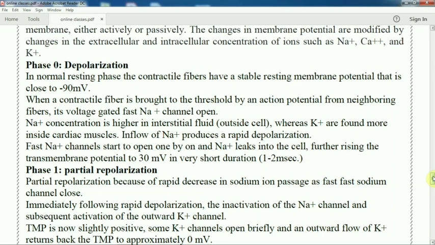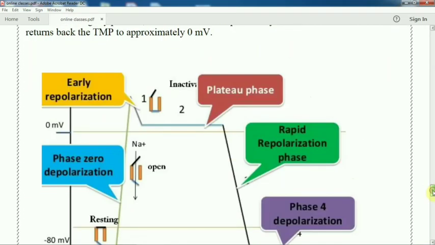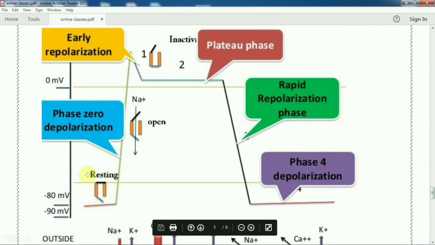That means when the heart is at rest, in the repolarized, relaxation stage, when the heart is not contracting, the resting membrane potential is minus 90 millivolt. See in the figure: at rest, the membrane potential is minus 90 millivolt.